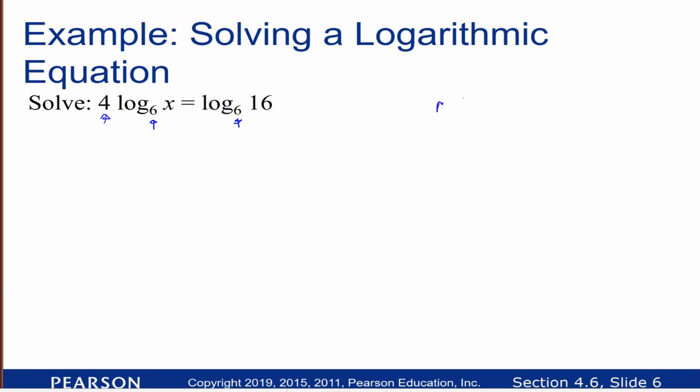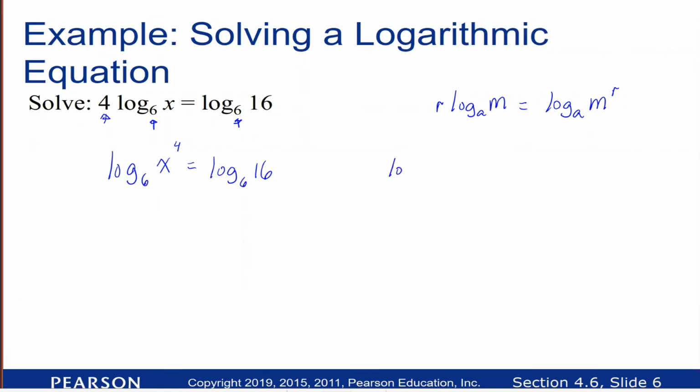So we're going to use the fact that r times log base a of m equals log base a of m to the r power, and rewrite the expression on the left as log base 6 of x to the 4th power equals log base 6 of 16.